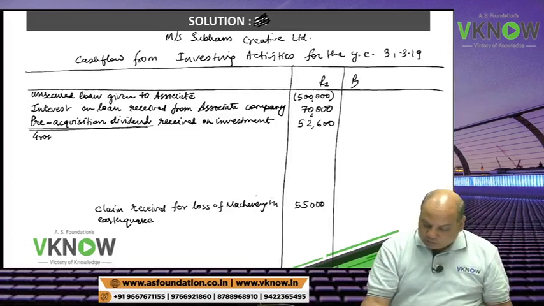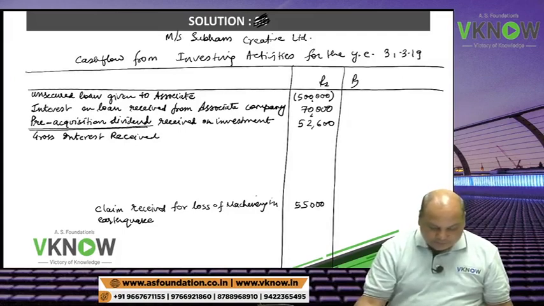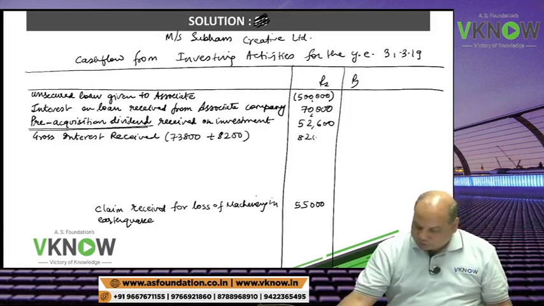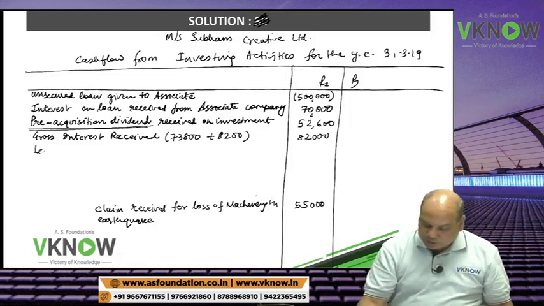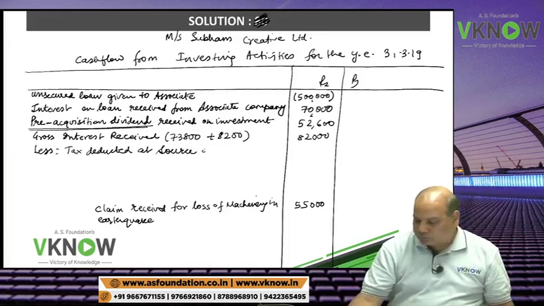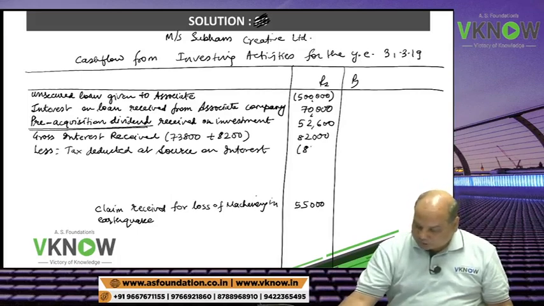Then write down gross interest received. So interest received, what I'll do, I will take first gross 73,800 plus 8,200. So that is 82,000 positive, and let's write down tax deducted at source on interest, same figure 8,200.